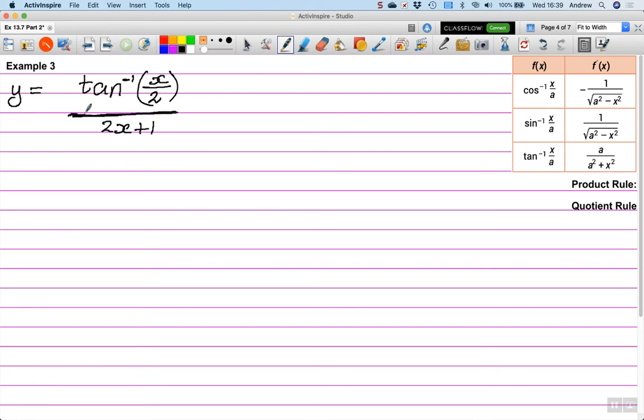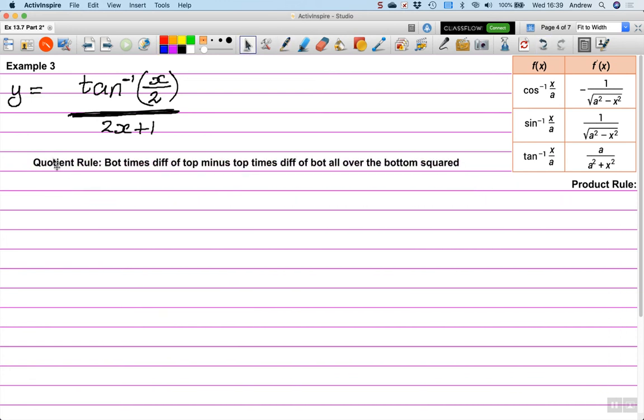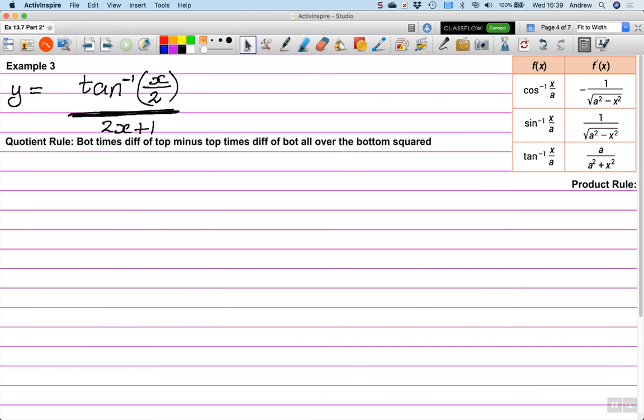Quotient meaning division, and we have a division problem here. So we're going to be using the quotient rule, and therefore we're going to be quoting this formula here, but we will never write it out in full like that.